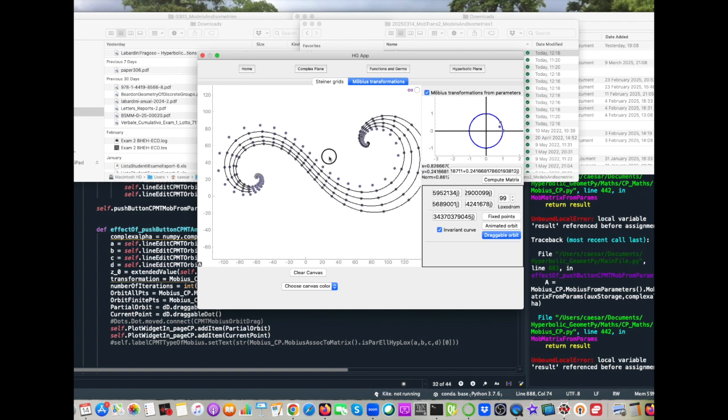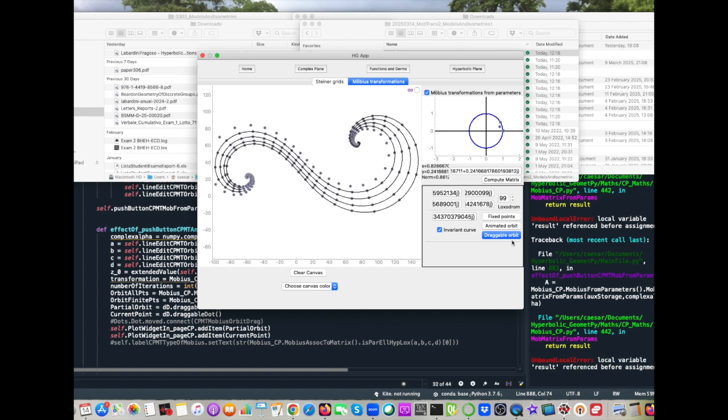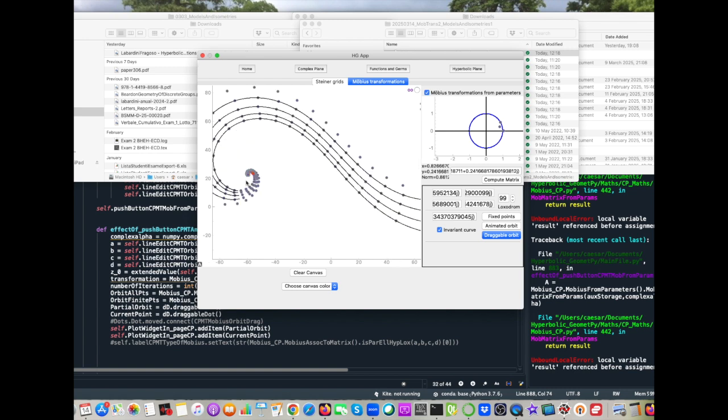Okay, and then let's say animated orbit. Where is it? Ah, there you see a red one. It's coming out. It goes here, goes here. Somehow it gets boring unless you try to zoom in.